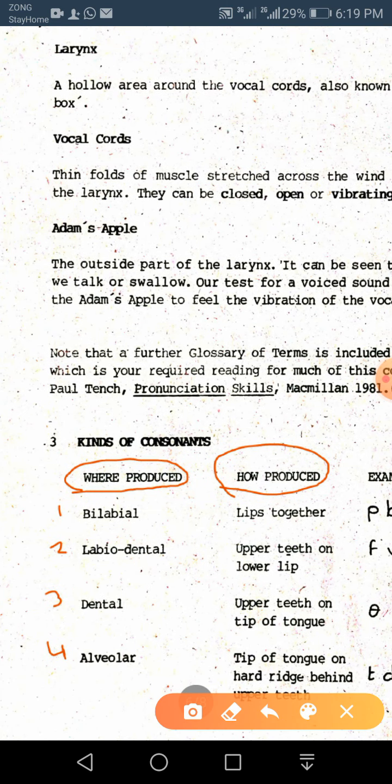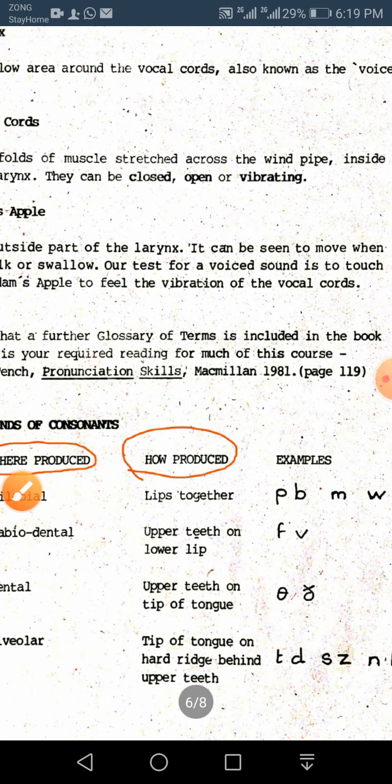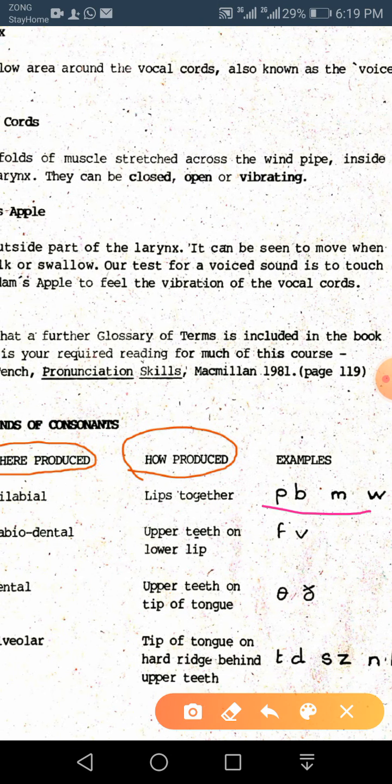Bilabial sounds are those sounds in which both the lips come together and the outgoing air is completely stopped. As you can see here, we have these sounds: p, b, w. They are produced at the lips, and the outgoing air is subjected to obstruction.